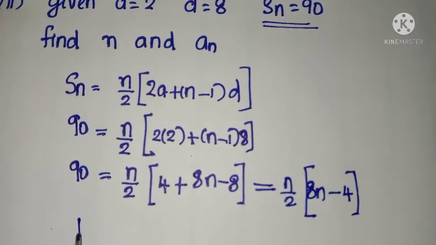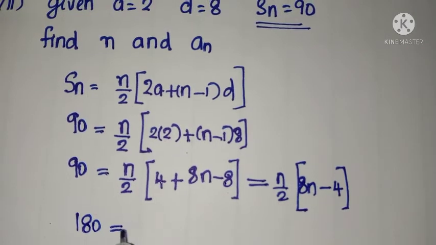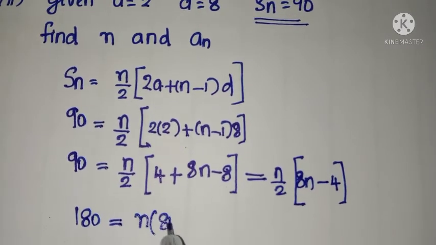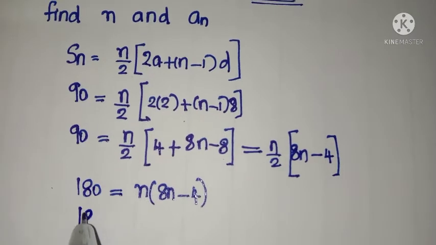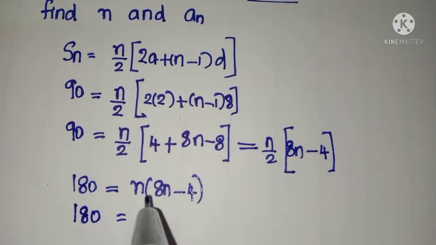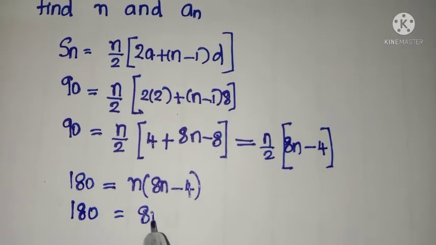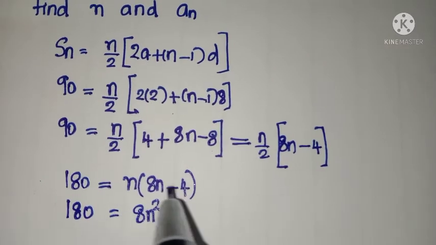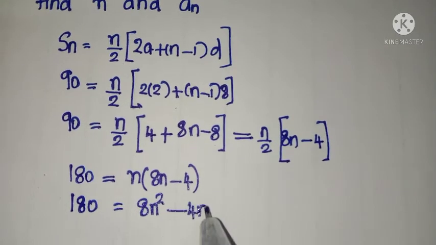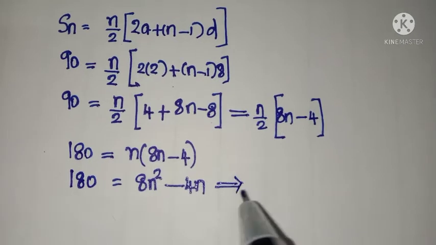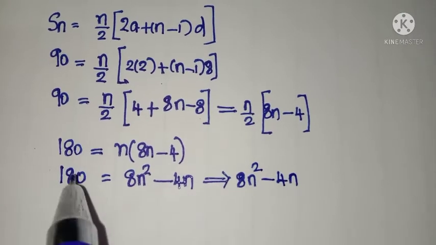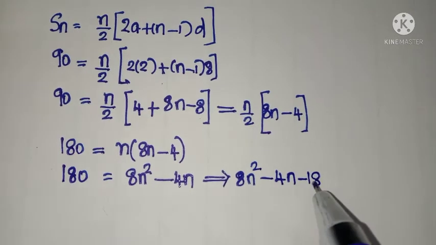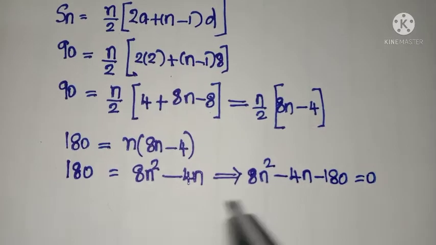90 into 2, 180. 180 equal to n into 8n minus 4, or 180 equal to, open the bracket, n into 8n, 8n square, n into minus 4, minus 4n. So this is equal to 8n square minus 4n minus 180 equal to 0.